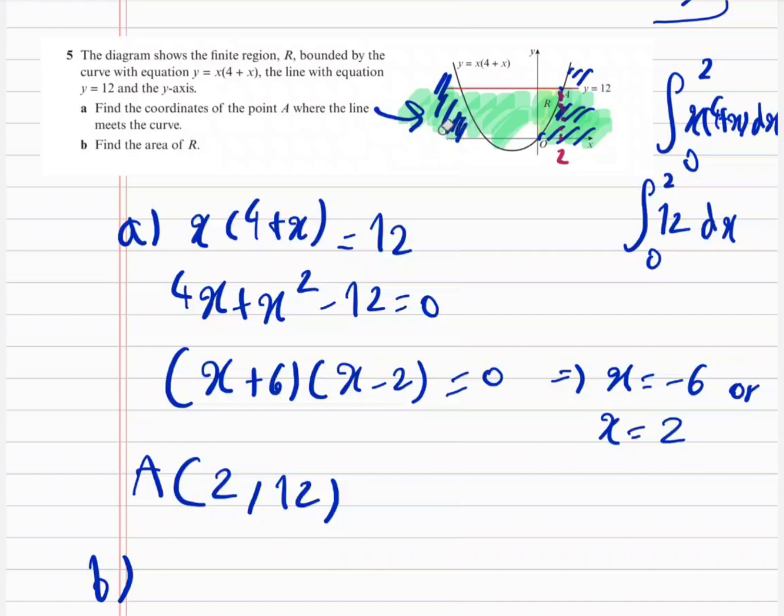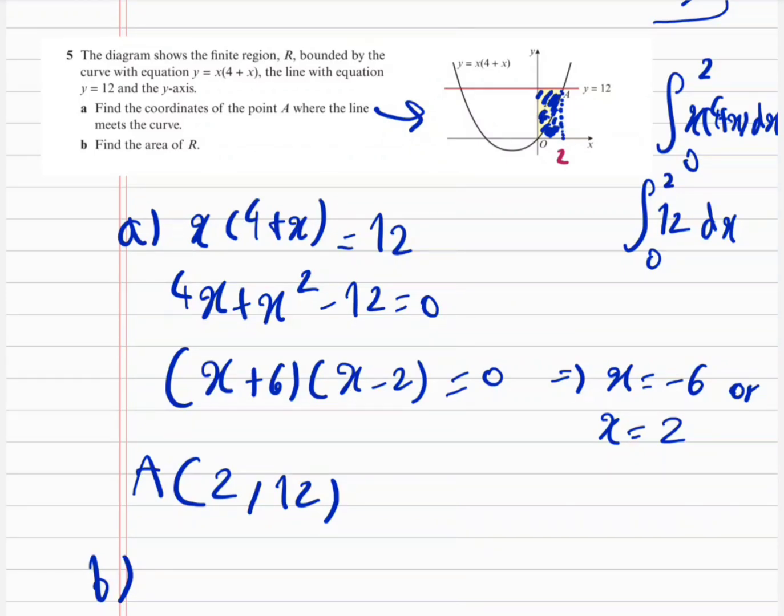Now let's tidy up the diagram and show you exactly how we should set up the integral, because right now we know the limits, but what about the integral? If you pay attention, when we find the area under the line bounded by the x-axis between 0 and 2, that gives us this rectangular region. But the problem is that we only want the yellow region, not the entire rectangular region.